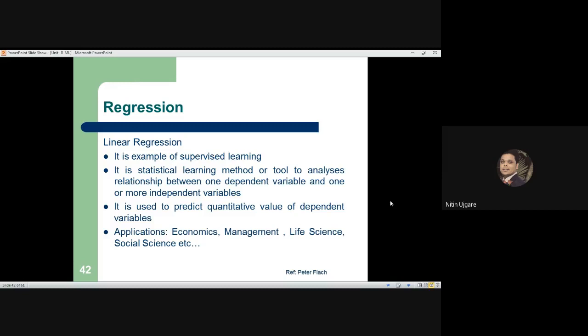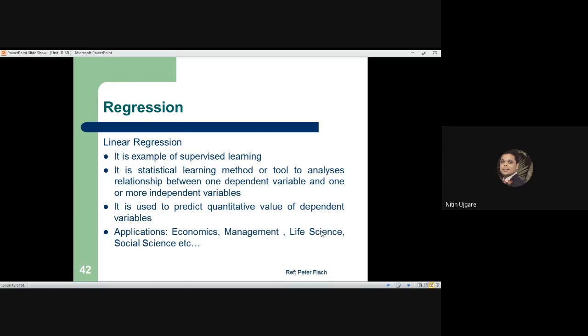So linear regression is again an example of supervised learning, of course. It is a statistical learning method or tool which helps us perform analysis to find out the relationship between the dependent variable and independent variable. In some regression tasks, we may have more than one independent variable.